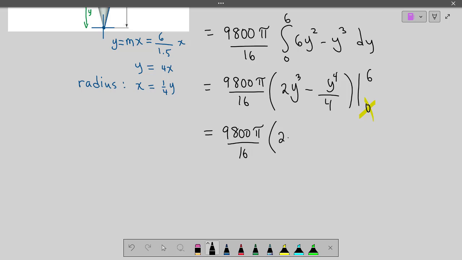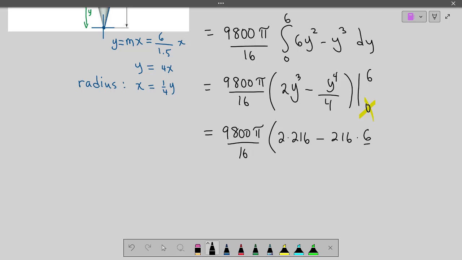And I'm not going to multiply it by the 2 just yet. So when the 6 goes in here, that's 6 to the 4th. I'm going to make it a 6 to the 3 and a 6. So a 6 to the 3 is 216. And then we have one more 6, and we've got that 4 in the denominator.